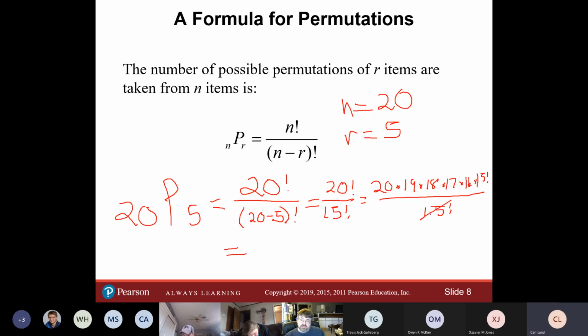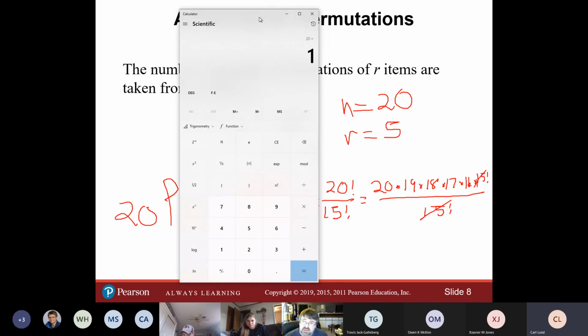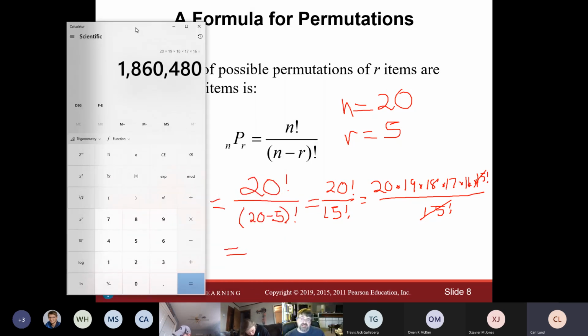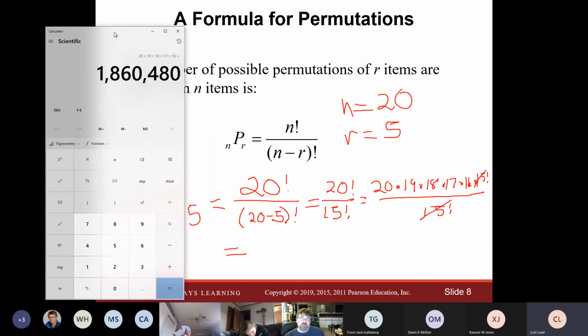So we can cancel those 15 factorials and we get 20 times 19 times 18 times 17 times 16. We have 1,860,480 ways to choose 5 books out of 20 if it matters which book we choose first, second, third, fourth, and fifth.